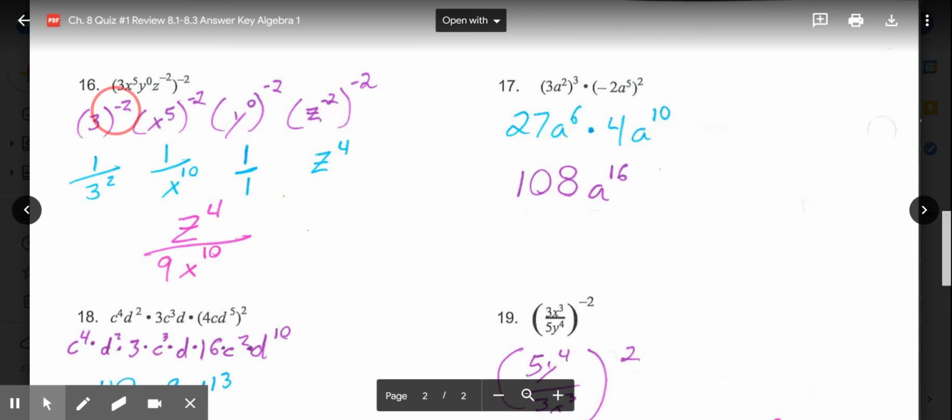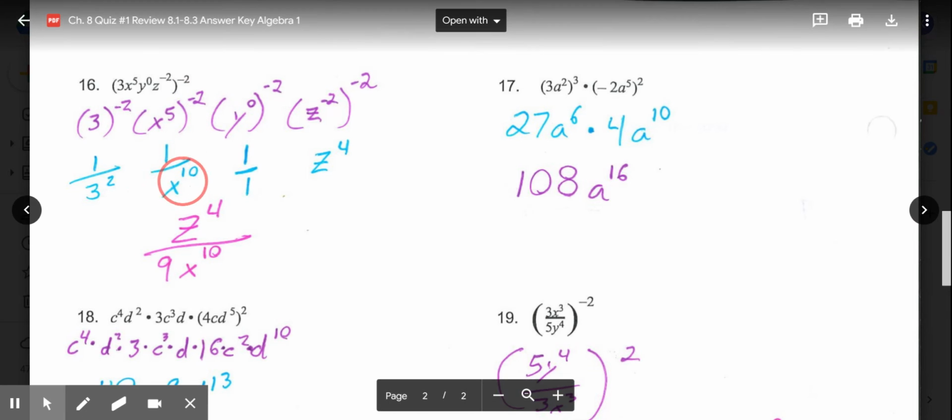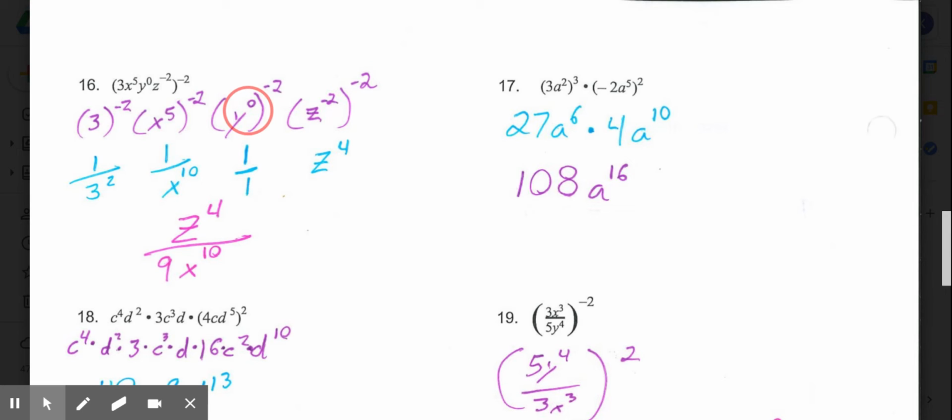So then if I think about that, 3 to the negative second is the same as 1 over 3 squared. X to the fifth to the negative second would be x to the negative 10th, or 1 over x to the 10th. Y to the 0 is 1, so that would leave us 1 to the negative 2, which is still just 1.